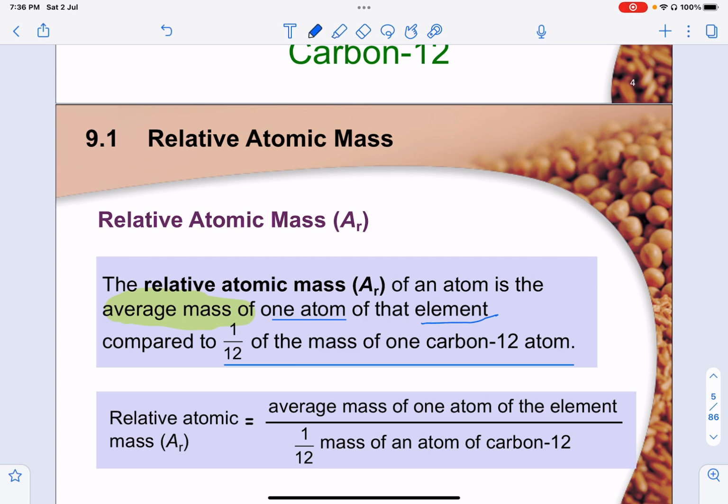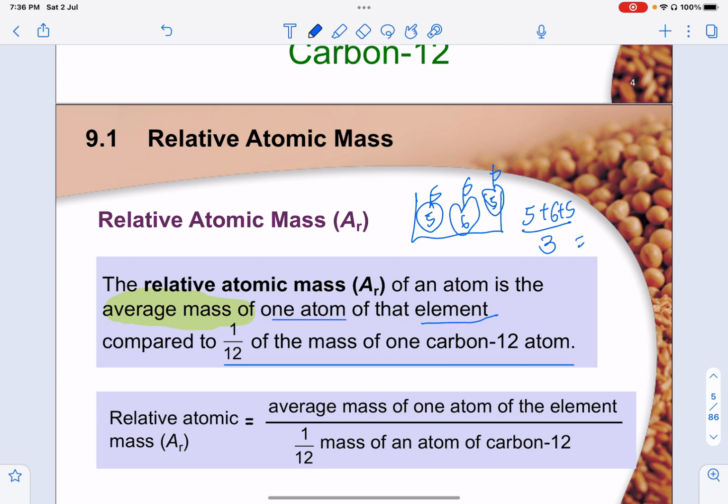Let's say I have a basket of fruit with a lot of apples, and out of these apples there are different masses, maybe 5, 6 and 5. If I'm asked what is the relative atomic mass of the apple, it will be the total of all the individual masses of the apples divided by 3.